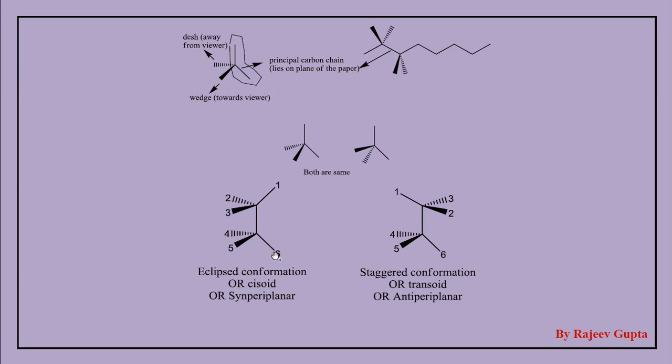Where the dihedral angle is 0 degree, then we say that the conformation is eclipsed or cissoid or syn-periplanar. Syn-periplanar means both the groups or substituents or both the carbons are at syn position, on the same side, and situated in a single plane. This 1 and 6 are situated in a single plane. So this is eclipsed conformation.